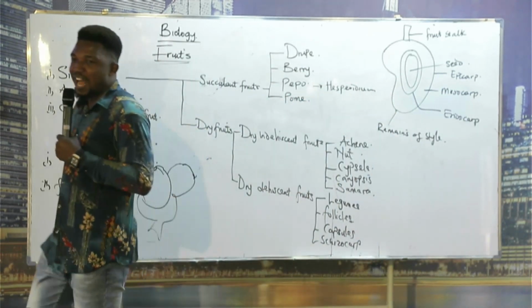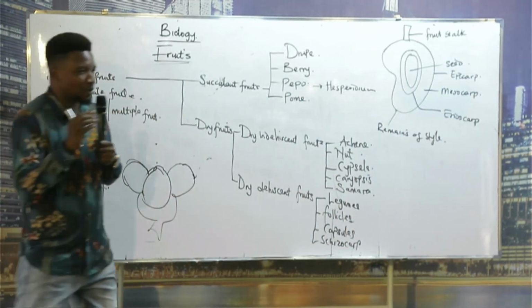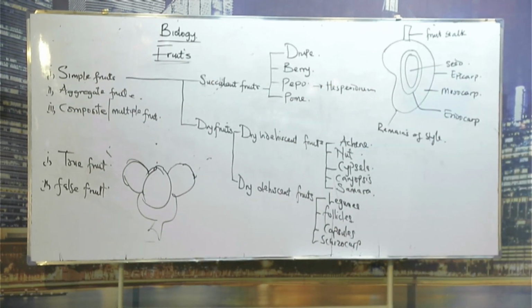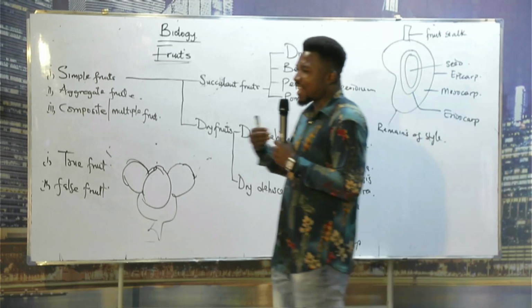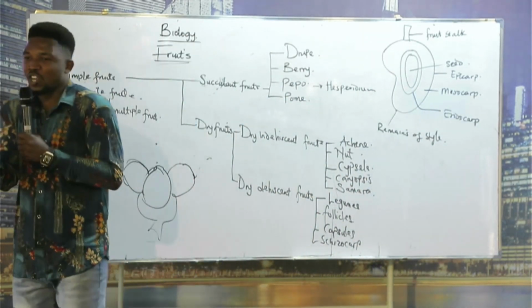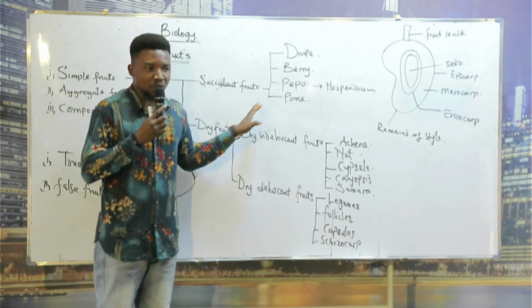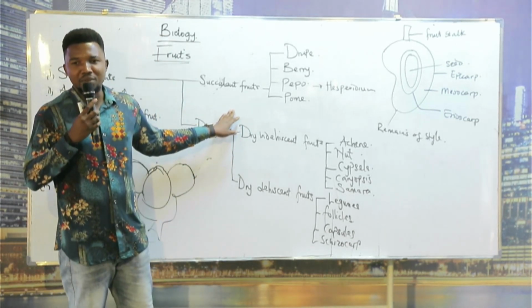Now, if you know coconut very well, once it is mature, it appears green in color, not brown. So that greenish color inside, when you are opening the fibrous part, it still contains what? Water. That is why it is classified under succulent fruits. Please don't make that mistake.